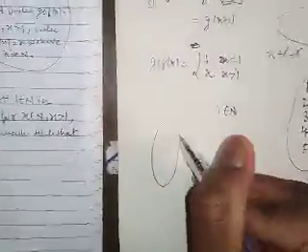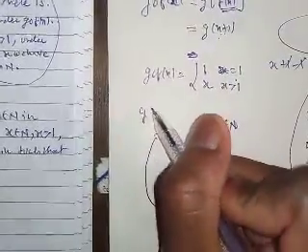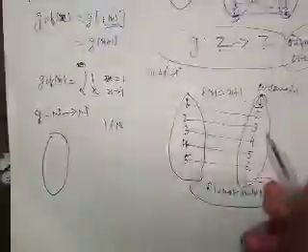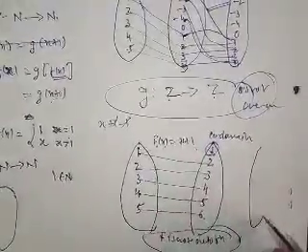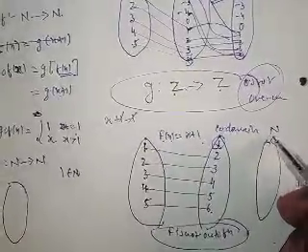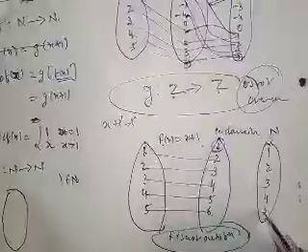What is g? g is defined from N to N. We take the elements 1, 2, 3, 4, 5 again.